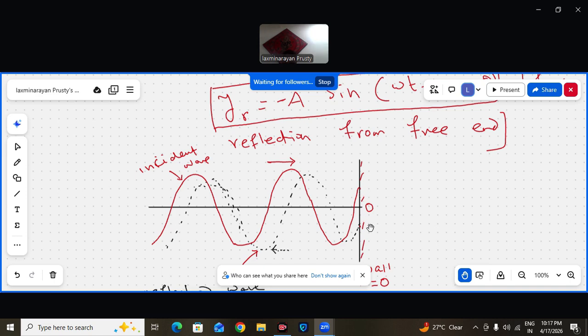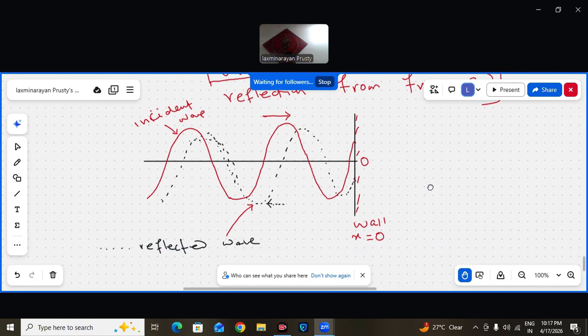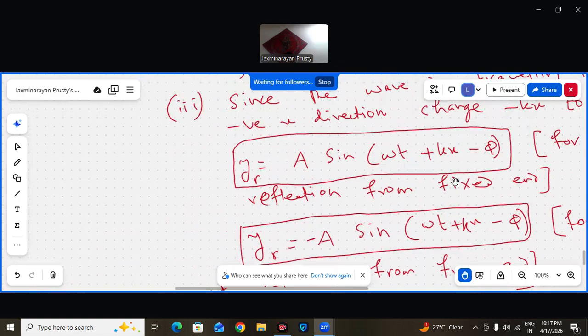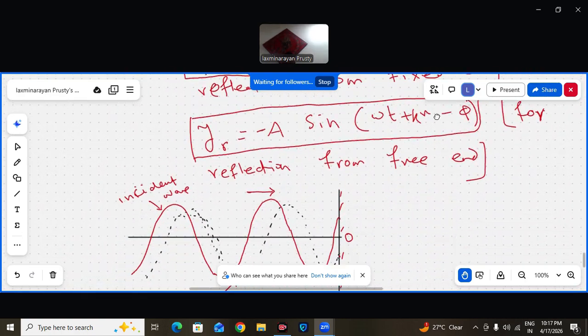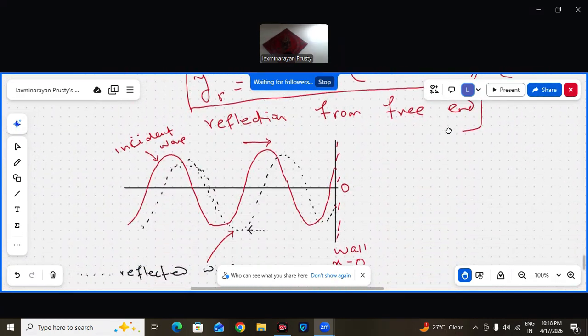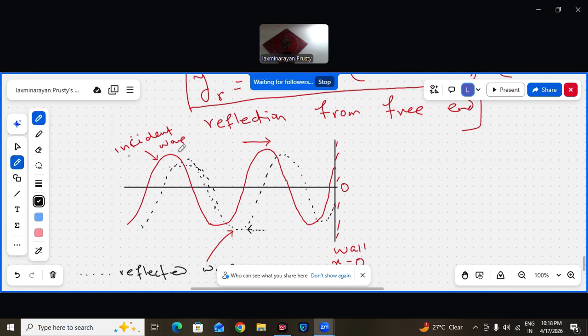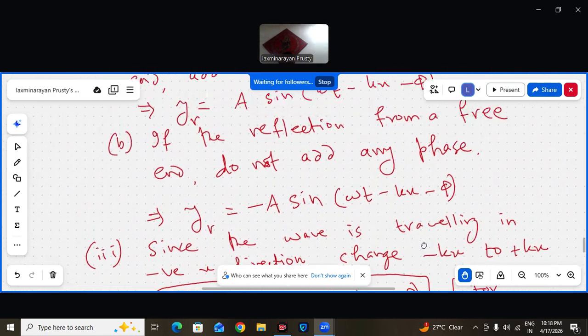So I need to make sure that the reflected wave, as it moves to the left, goes up at the wall, so that continuously they balance to zero displacement at this point. That's what I showed, but that is just a graphical representation, to better understand the discussion I have given.